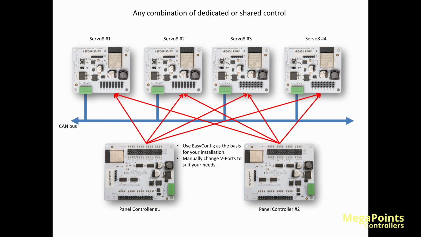If we take a slightly more extreme case, we could assign ports so that we are from every panel sharing control of every servo driver, or sharing some, not sharing others. You can really mix it up as much as you need to. In this case, it would be a manual configuration, but getting the easy config, setting that as the starting point, is probably the fastest way to go about configuring this.